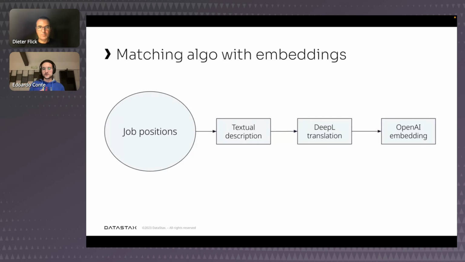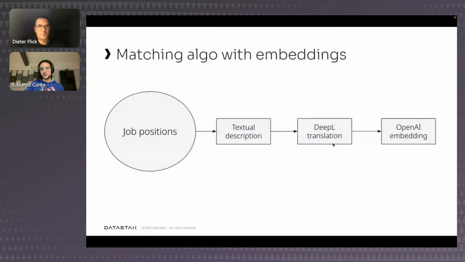So it's automatic translation into English, because we realized from the documentation that we found, we didn't really test it with numbers, but most of the documentation of text embedding models, like we used OpenAI embeddings in this case, just for simplicity, say they work a bit better in English. So we said, okay, let's translate all the text into English.